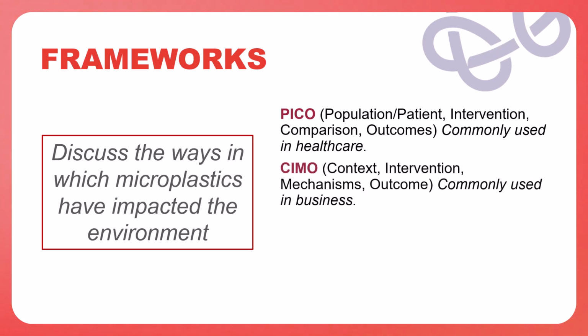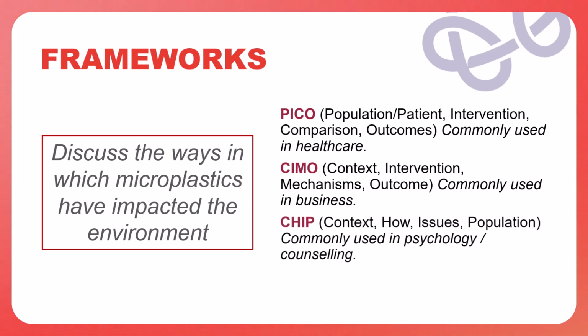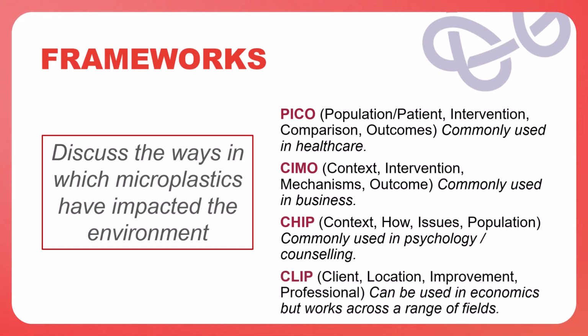There is CMO, context, intervention, mechanisms, and outcome, which is often used in business. CHIP stands for context, how, issues, population, and is often used in psychology. And CLIP, client, location, improvement, professional. This can be used in lots of situations, but is often used in an economic context.